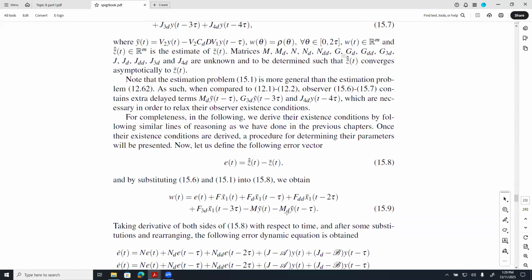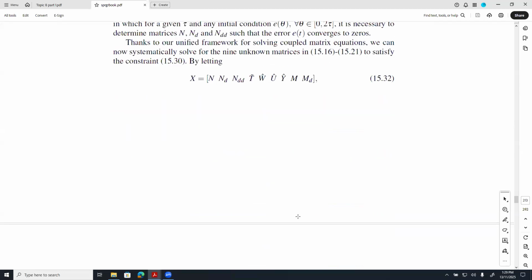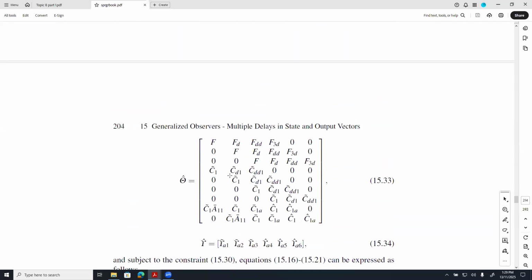In that case, the condition becomes more restrictive because we get a smaller number of rows in this matrix, and there's a high chance that the condition is not satisfied. But again, that will ensure that we have a much more practical, simpler observer, which is independent. The error is independent of the time delay.